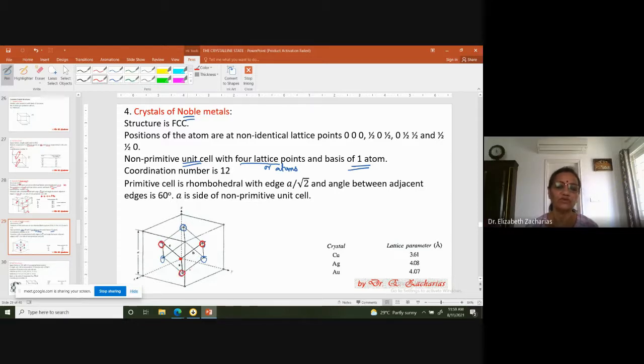Once you connect, what you get is going to be your A vector, B vector, and C vector of the primitive cell. And if you try to see how that relates with the length A of the crystal cell, you will find that primitive A equal to B equal to C will be equal to A by root 2. And what will be the angle? The angle will be equal to 60 degrees.